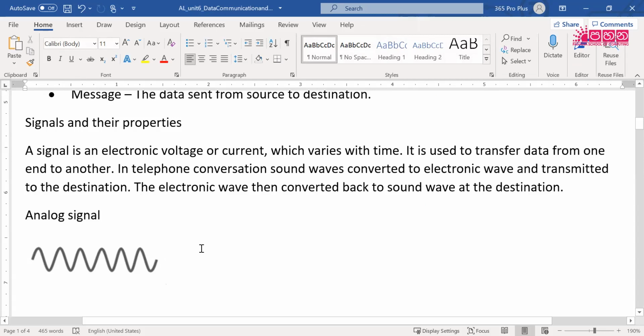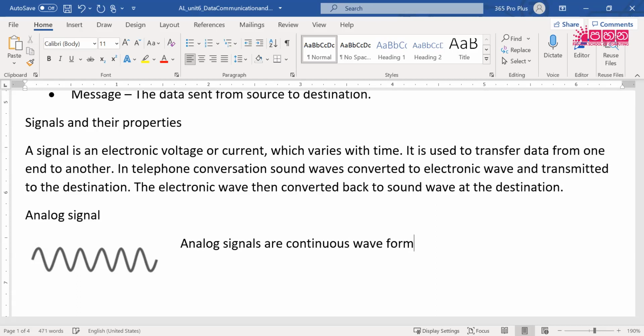In analog signals, we can say analog signals are continuous waveforms, such as sound, light, and temperature.